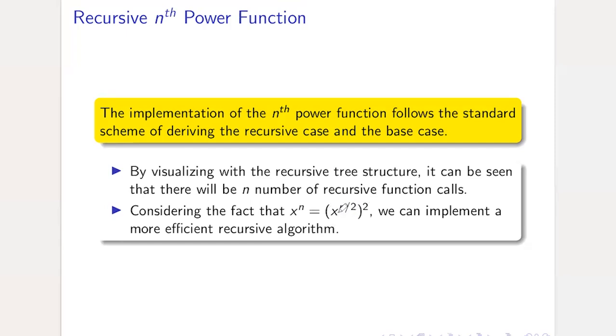Because as you know, exponentiation of an exponentiation is the multiplication of the exponents. So here it would be n divided by 2 multiplied by 2, which would be n. So with this knowledge, we can implement the recursive algorithm even more efficiently.